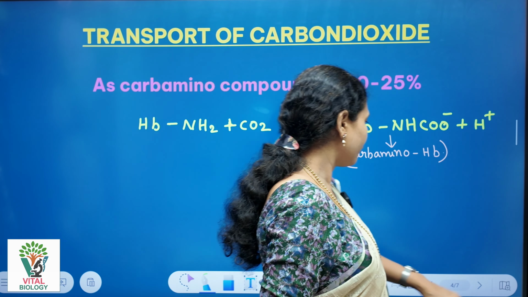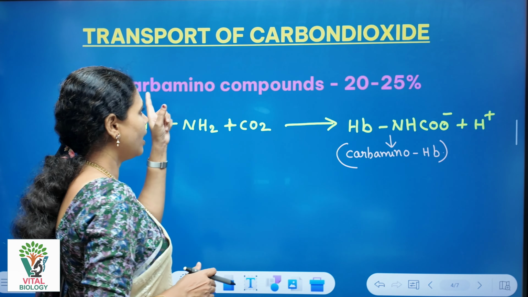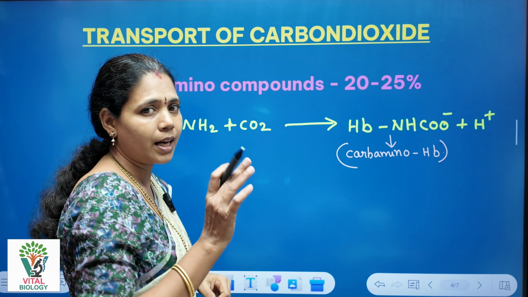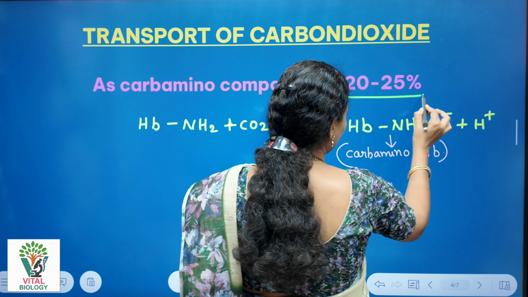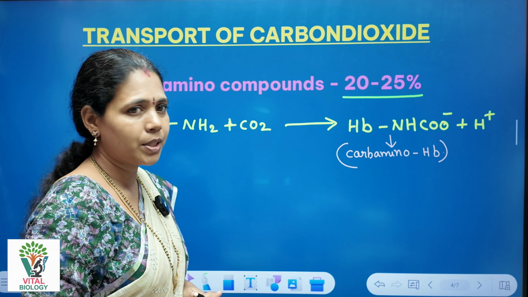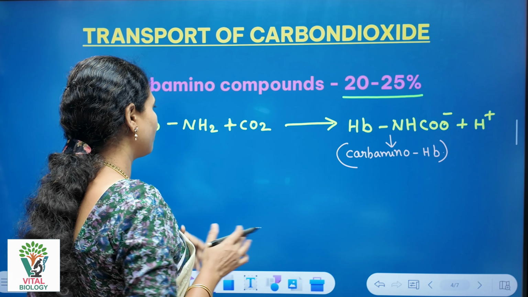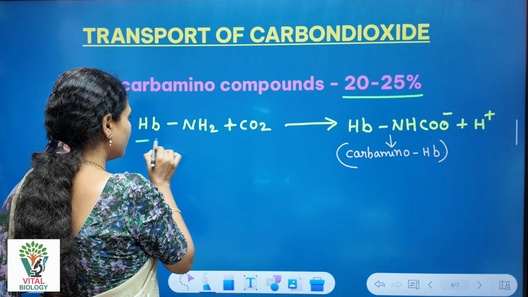The second form of transport is the carbamino compounds. So that is about 20 to 25%. So what is this carbamino compound? We will see. See here.